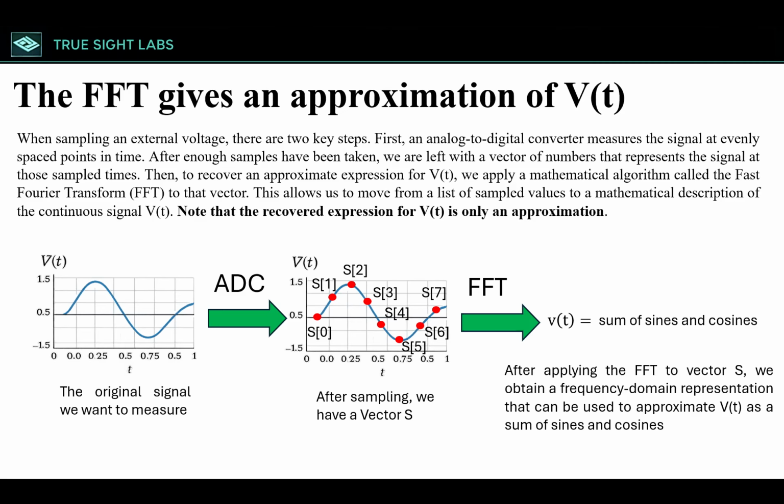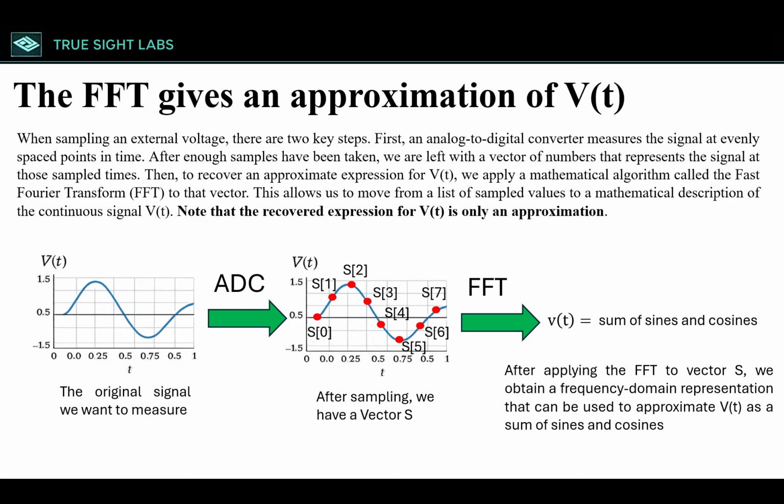Then, to recover an approximate mathematical expression for V(t), we apply the Fast Fourier Transform to that vector S. The FFT moves us from a list of sampled values to a frequency domain representation, which we can use to approximate V(t) as a sum of sines and cosines. It's worth noting that this result is only an approximation, but in practice it's a very useful one.